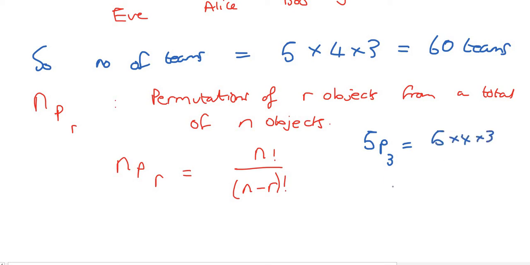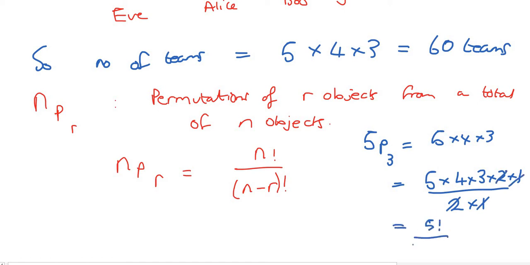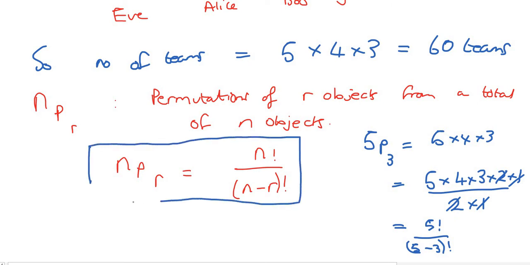But we can see this is the same as 5 times 4 times 3 times 2 times 1 divided by 2 times 1, because these are going to cancel and we're left with the same thing. And then this is 5 factorial over 5 minus 3 factorial, which is 2 factorial. So this is the formula for permutations, when we're choosing r objects from n items.